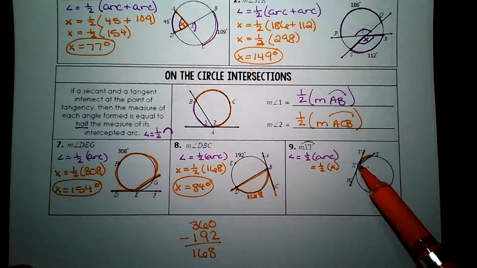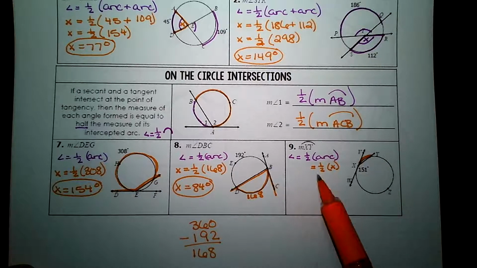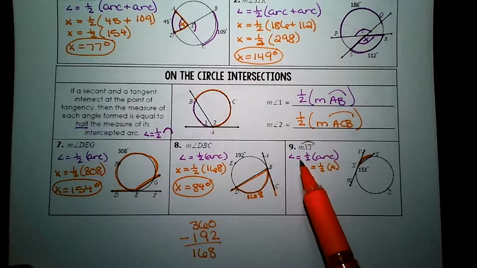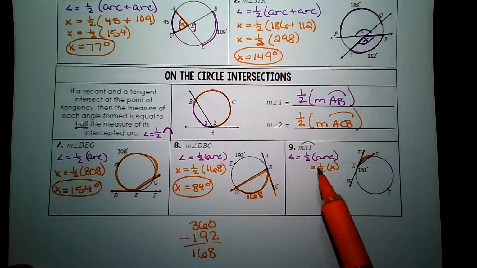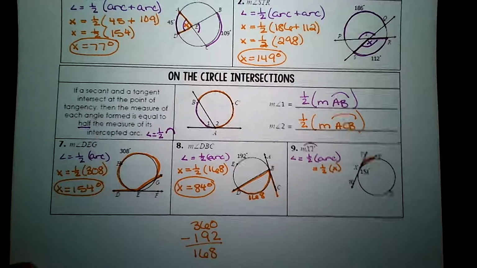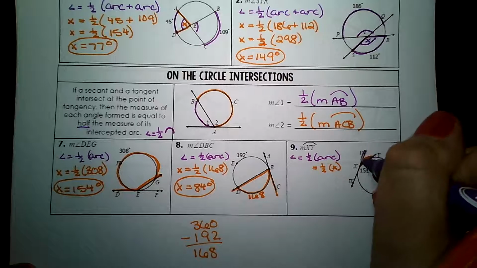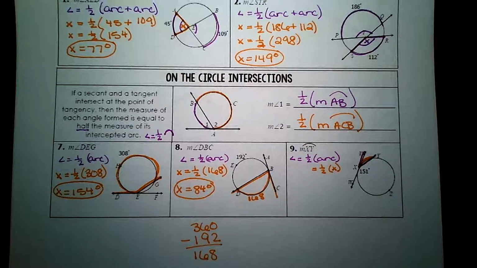I've highlighted arc XY, and I'm stopped here because I feel like students might get stumped. We need to know what the angle is so that we can plug it in to figure out what the arc is. Well, the angle I've been given is a 151-degree angle. However, the angle that goes with my arc is very acute.